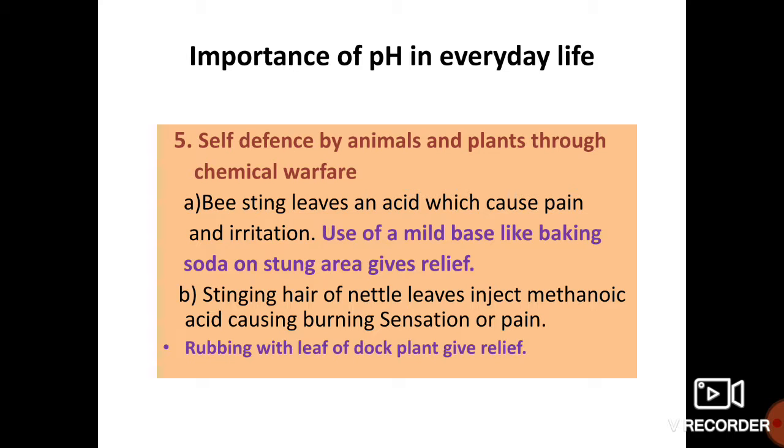Rubbing with the leaf of the dock plant gives relief, because the dock plant leaf has tannins and oxalic acid, which neutralize the effect of the methanoic acid present in the nettle leaf cells.